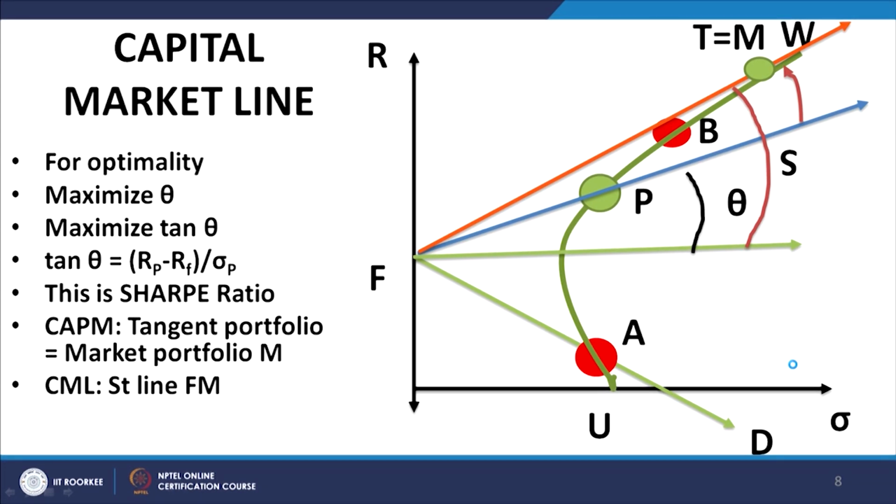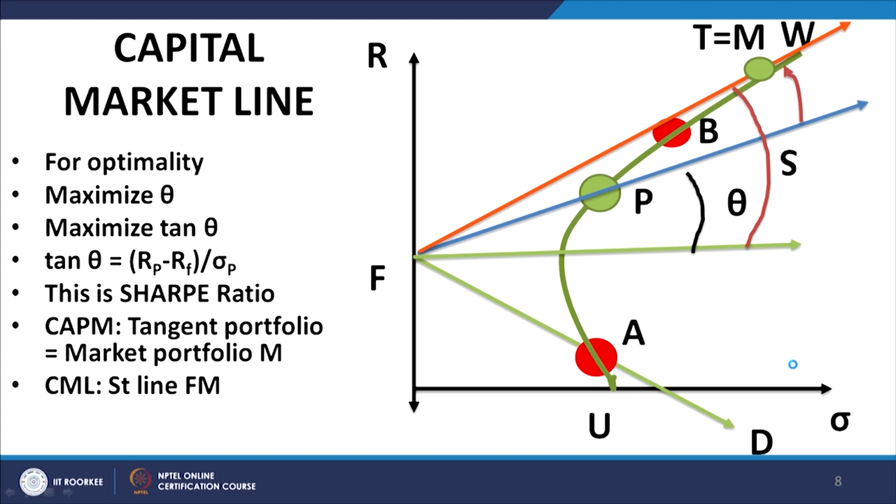Clearly, all the efficient portfolios we have discussed, FT is the efficient frontier in the context of mean variance optimization, when you have both risk free lending and borrowing and short sales of securities both allowed.